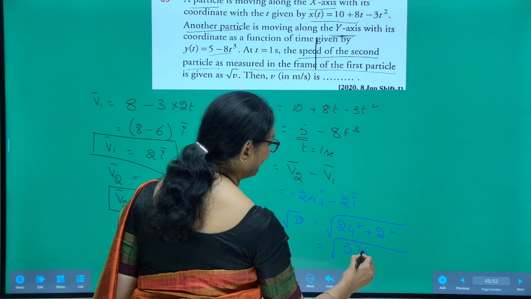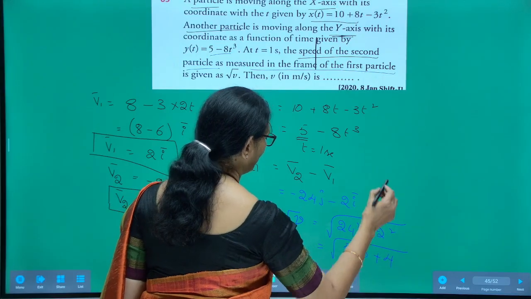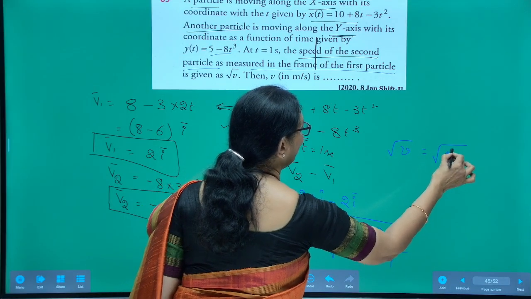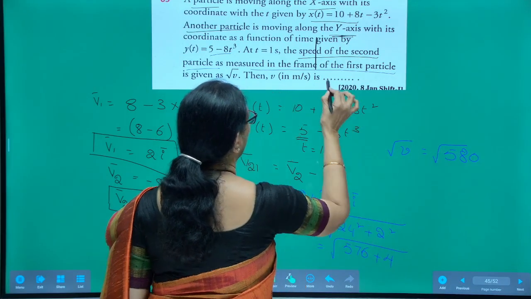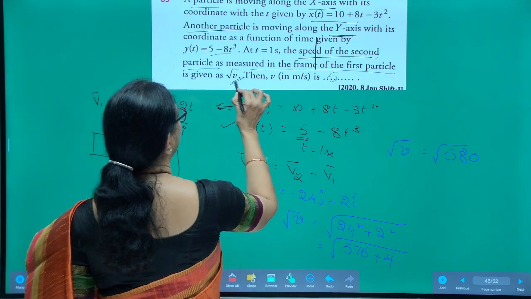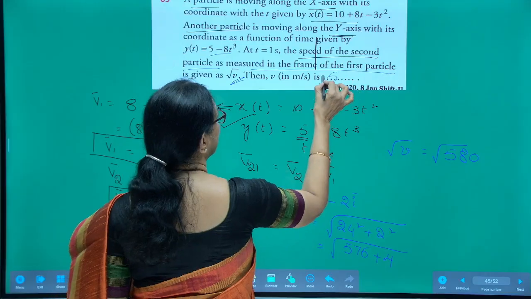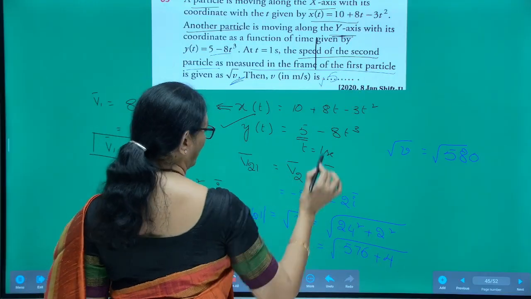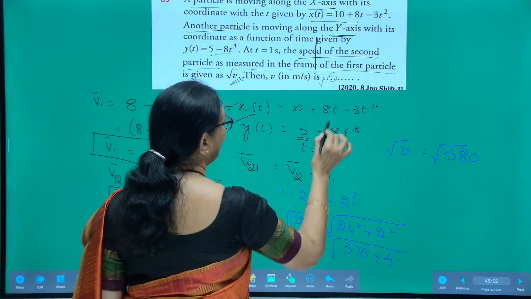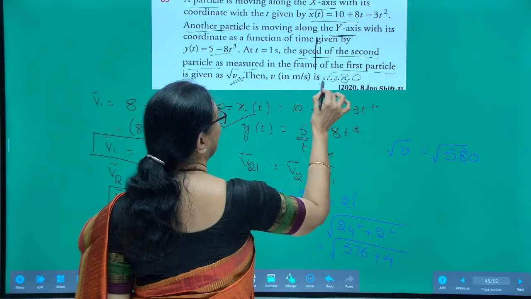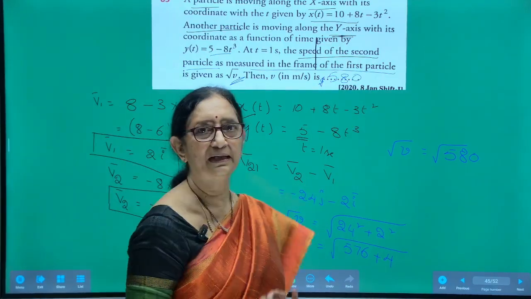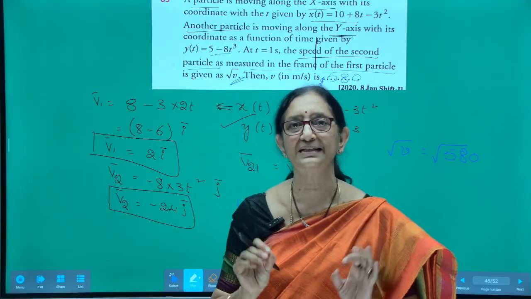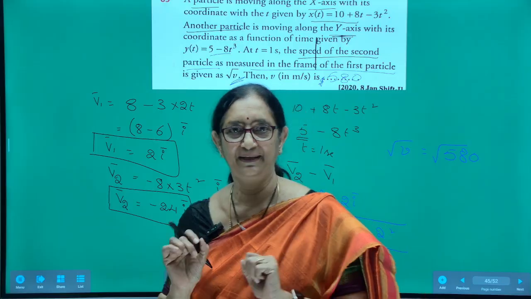So 576 plus 4, so root V is equal to root 580. So here you have to find V. So V is equal to 580. That is the answer. So the numerical value of V which is given under root is 580.